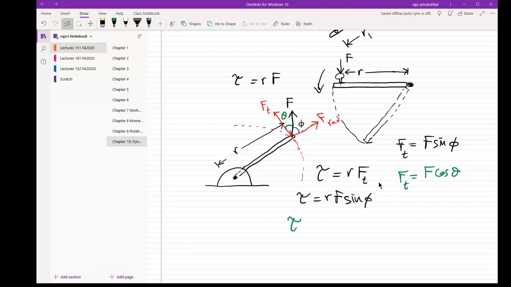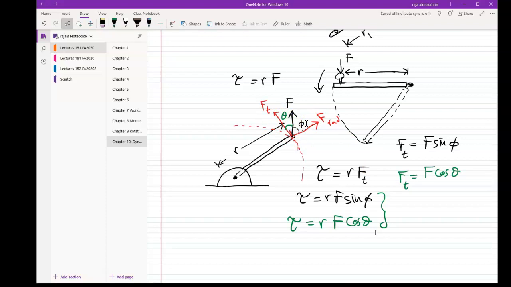And therefore the torque in this case, you can either use the formula right here or RF cosine theta. Either way, you'll get the same answer. Both are the same, but make sure that you understand your trigonometry. Is it a sine or a cosine? Your book by default always just puts sine there, but you want to be careful where the angle is located. All right, good.